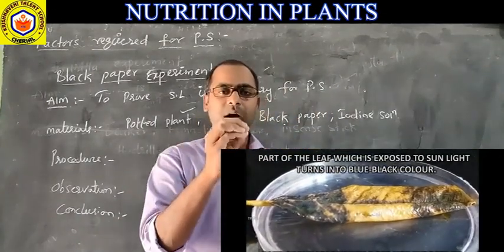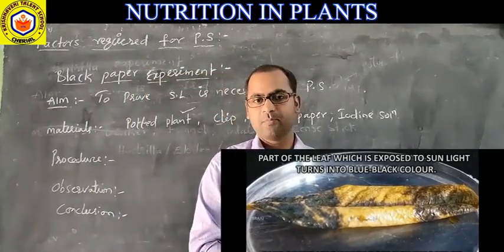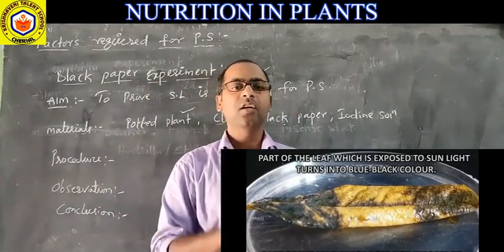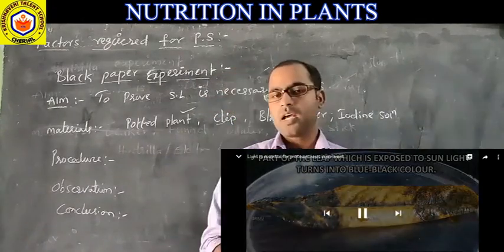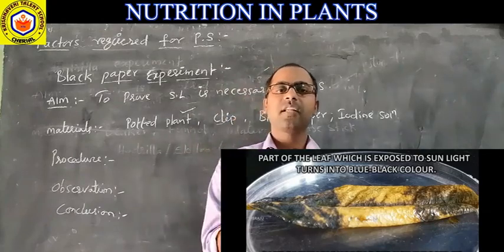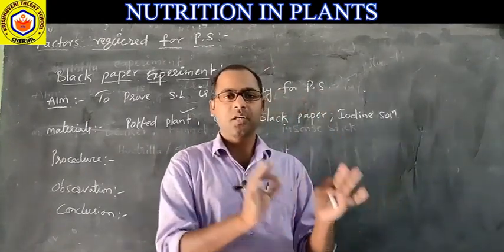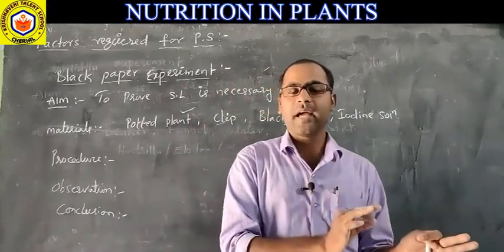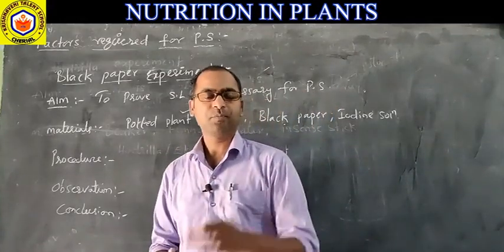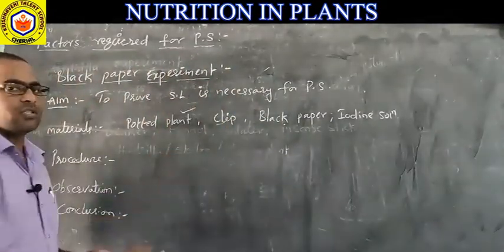That means the leaves exposed to sunlight produce starch. That means they perform photosynthesis, and the parts of the leaves which are not exposed to sunlight did not produce starch and did not carry out the photosynthesis process. So with this we can confirm that sunlight is necessary for photosynthesis.